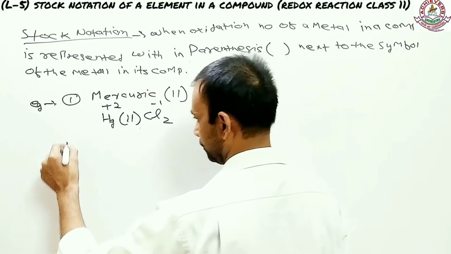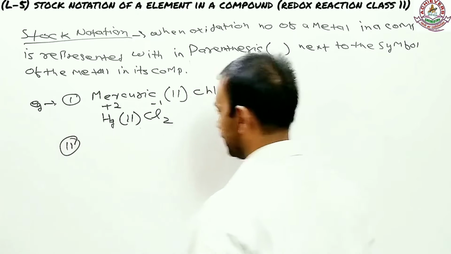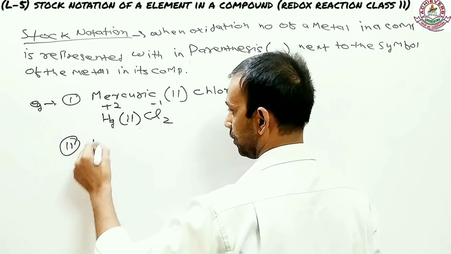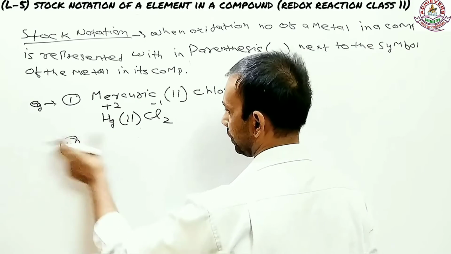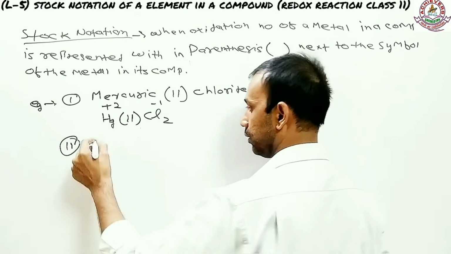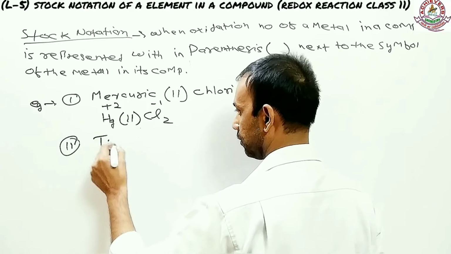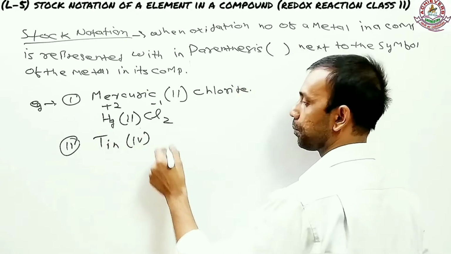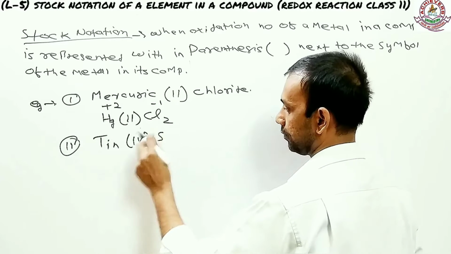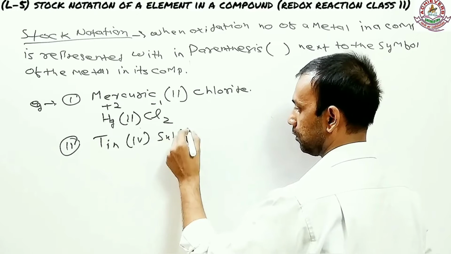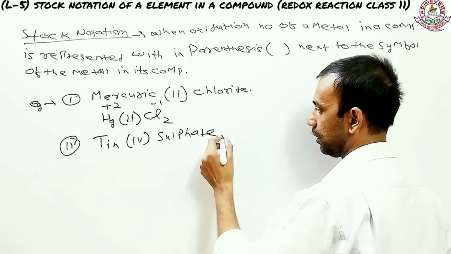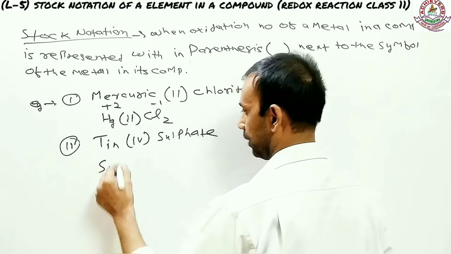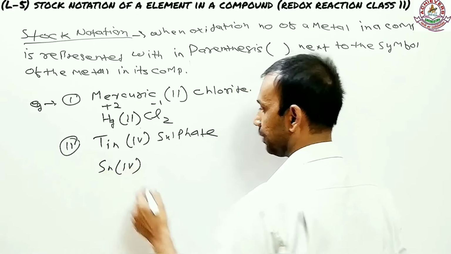Take another example. Tin(IV) sulfate. If you remember, the symbol is Sn, and the oxidation state is already given here.